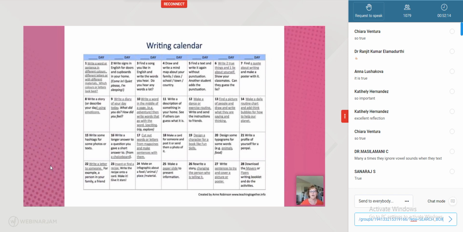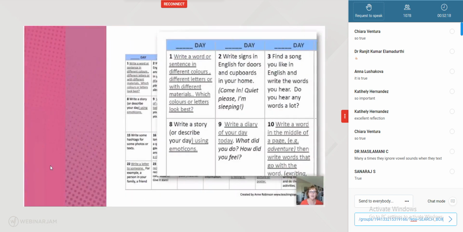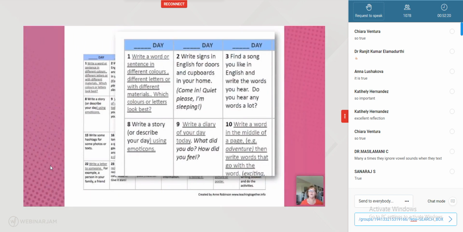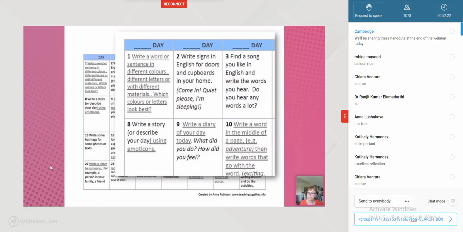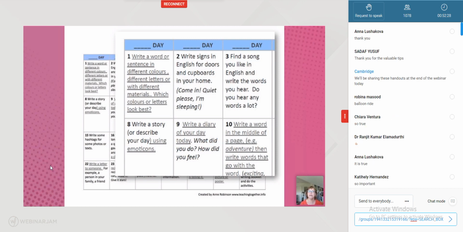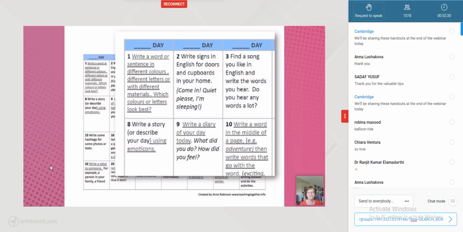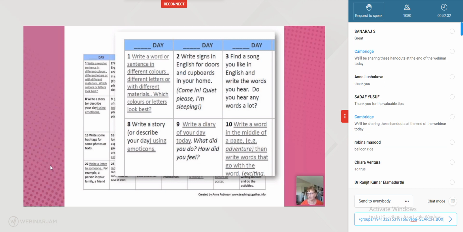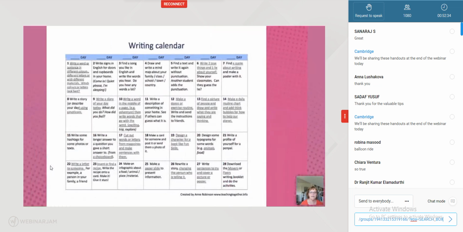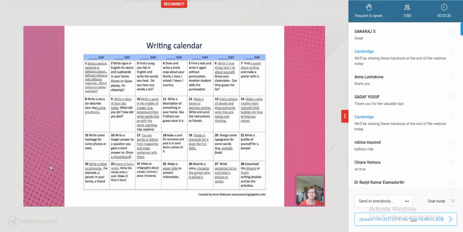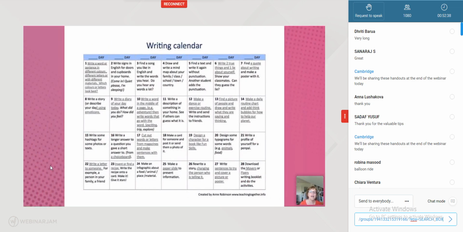And what I'm going to share with you now is, you probably can't read this, okay, but we're going to go to the next slide, and we've got a zoom in here. What I've created for you, and you're going to receive this now or in a few minutes, I've created, I'll go back to that slide, a writing calendar.